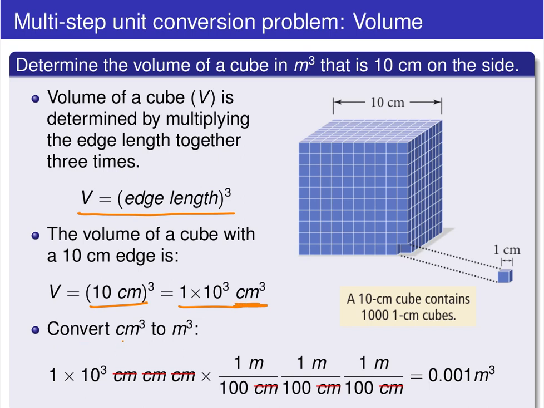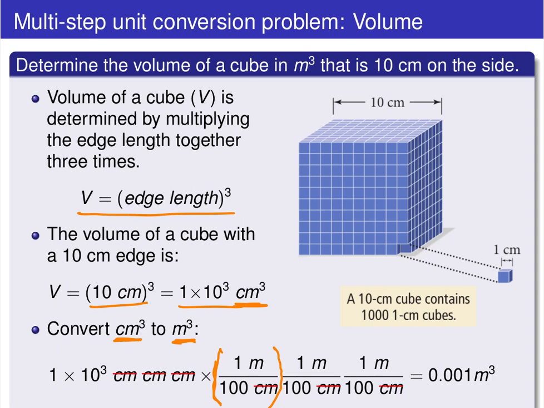Now let's suppose we want to convert that volume in centimeters cubed to meters cubed. To carry that conversion out, what you actually need to do is apply the centimeters to meters conversion factor, this guy right here, 3 times.